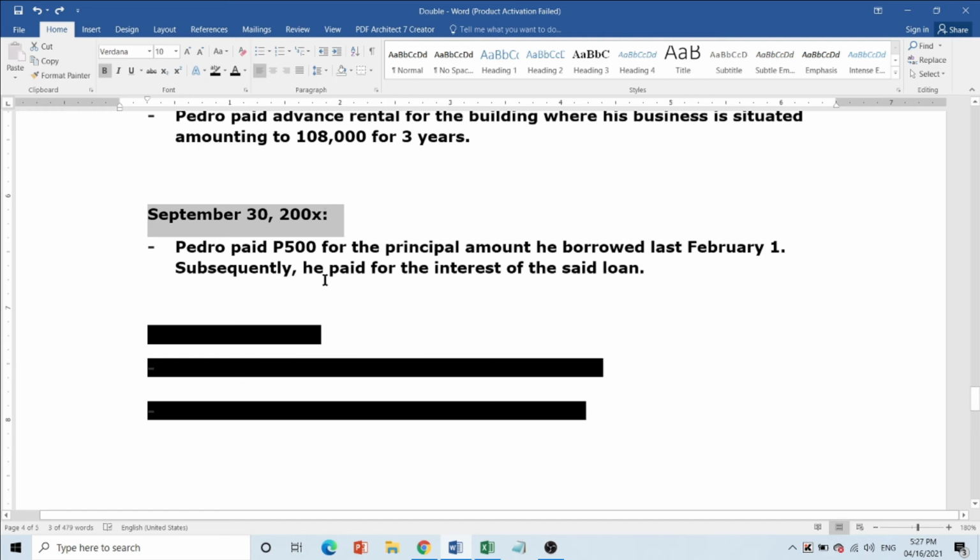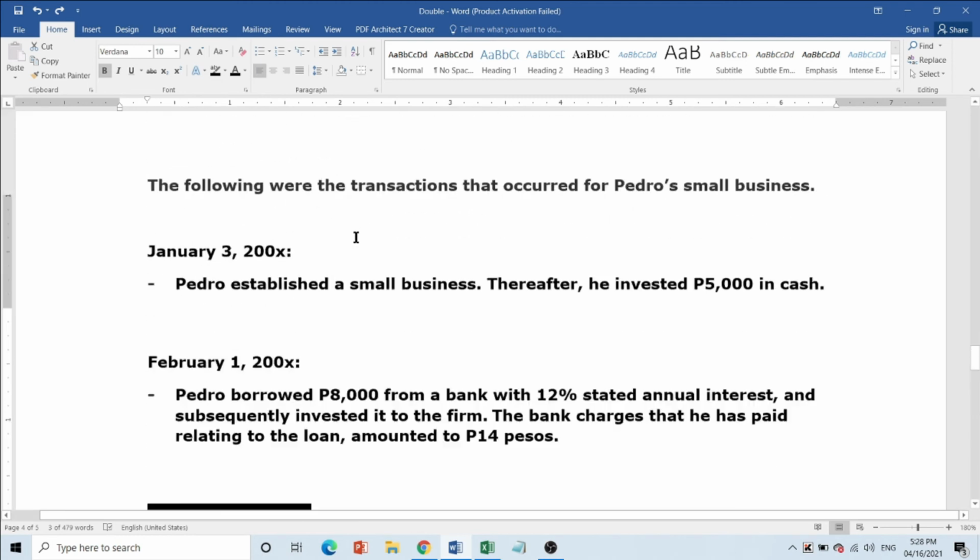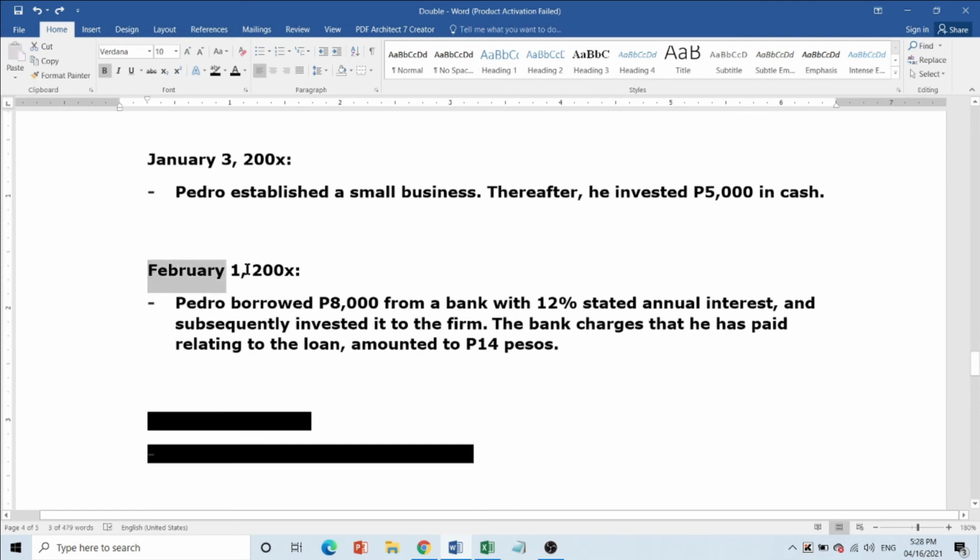Tandaan po natin that when we are recognizing expense, yung nire-recognize lang po natin ay kung kailan na-incur yung expense. Okay? So since inutang natin siya February 1, mag-start mag-incur ng interest expense: February, March, April, May, June, July, August, September.